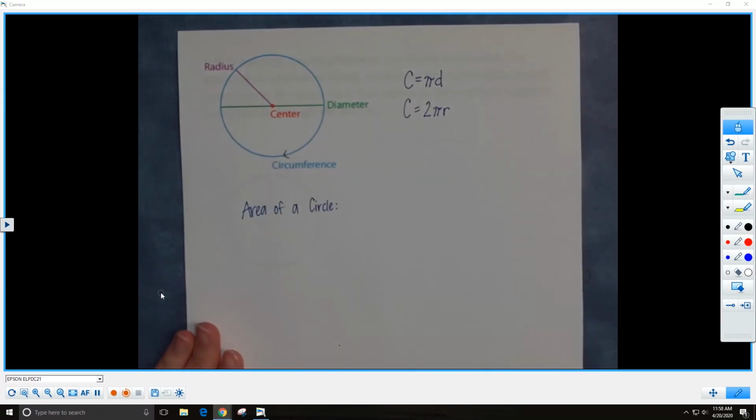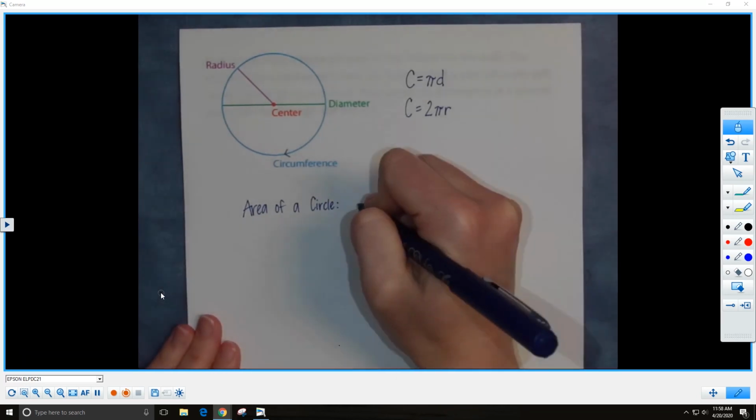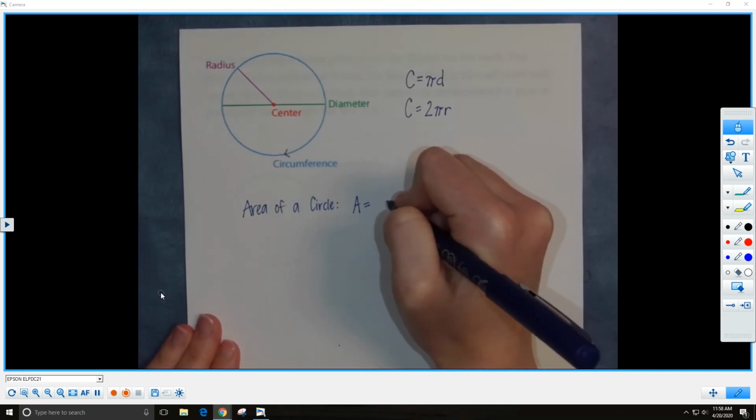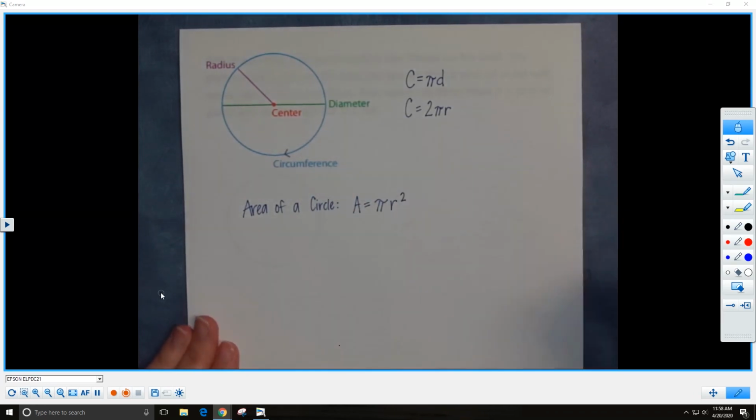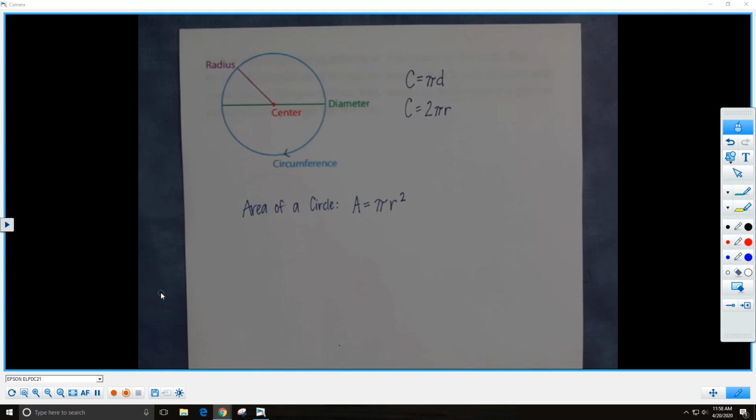You may want to write this down on your paper. The formula for the area of a circle is A equals pi times the radius squared. Remember that r squared means radius squared, which means to multiply the radius by itself.